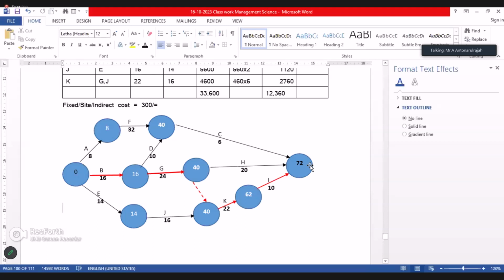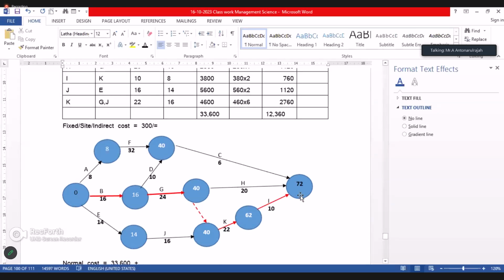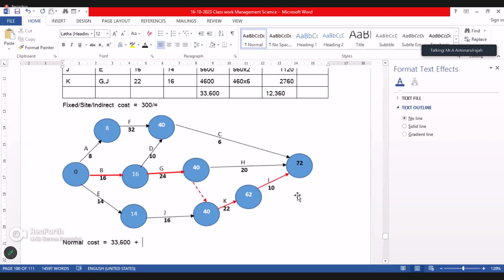So now we can calculate the normal cost. What is the normal cost? Normal cost is equal to how much? 33 into 600, plus the fixed cost, site cost, 72 into 300.